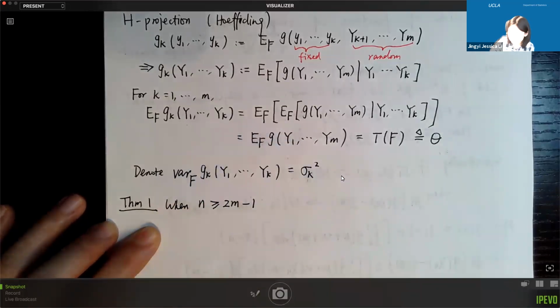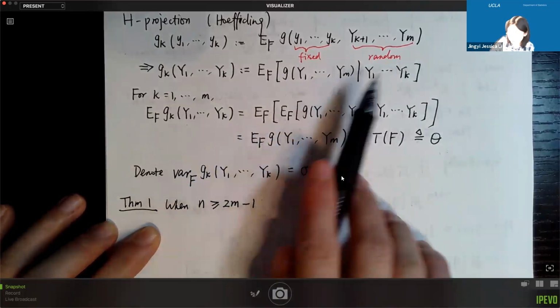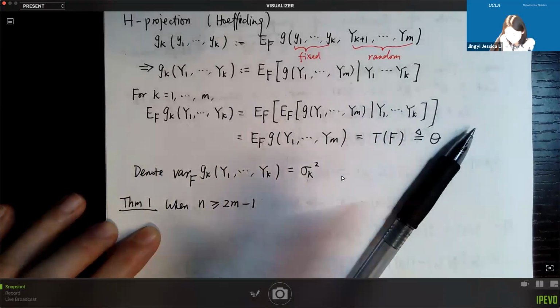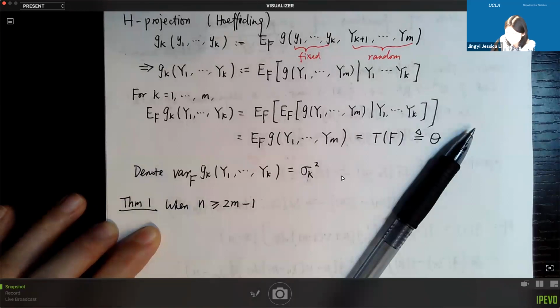When m is 1, for a lot of the expectation functionals we are familiar with, like the mean, this is just not an issue. 2 times 1 minus 1 is 1, and n must be greater than or equal to 1. That's not an issue. For that case, the U statistic is just the summation of IIDs, so we don't need to worry about the asymptotic distribution either.